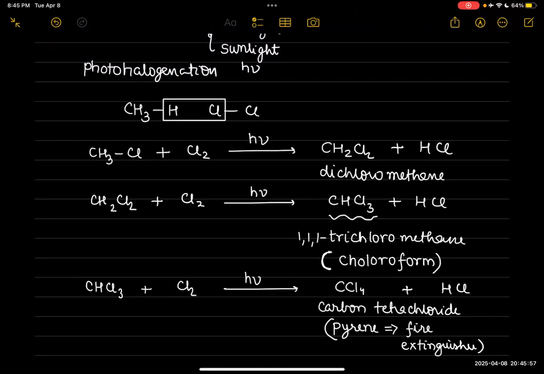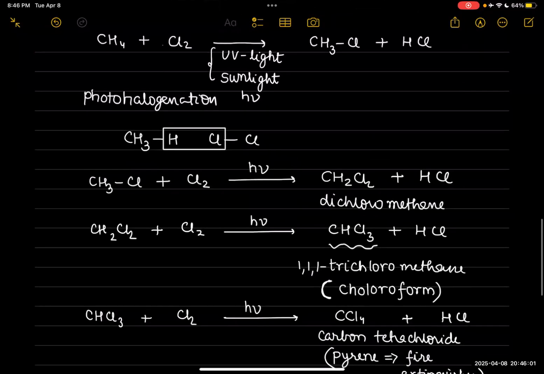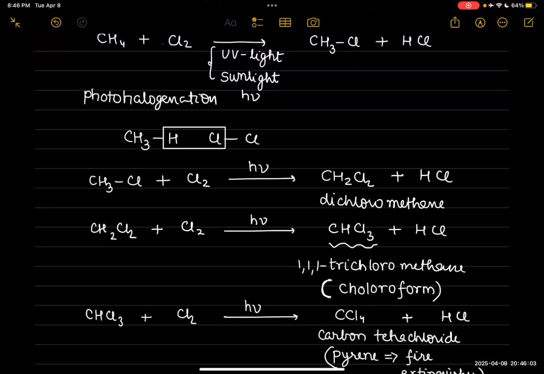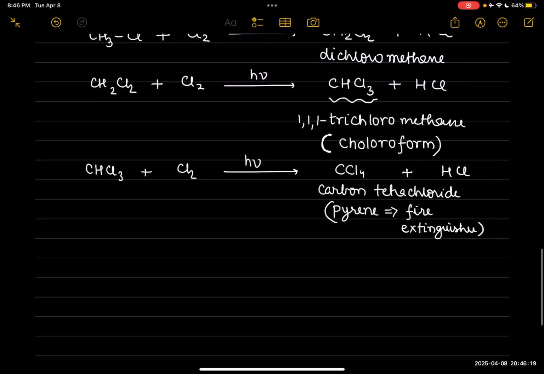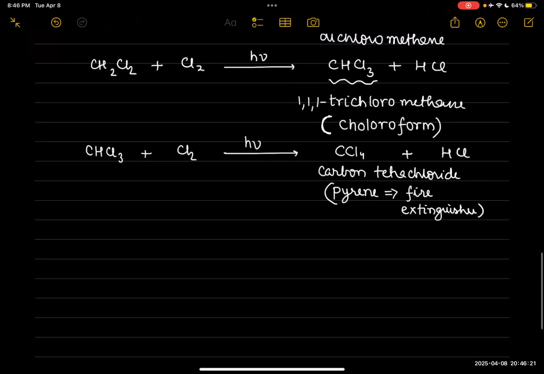Accordingly, you can get monochloro derivative, dichloro derivative, trichloro derivative, or tetrachloro derivative in case of methane. You can have more chloro derivatives for higher alkanes where you have more hydrogens to be replaced. This is quite clear.